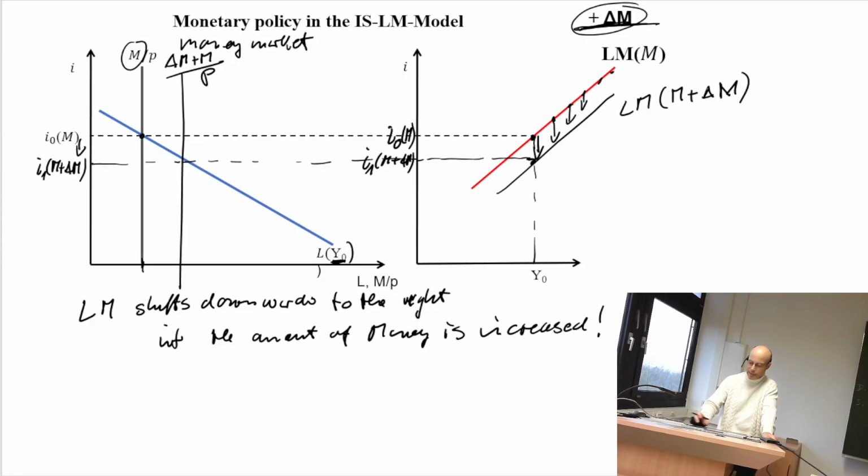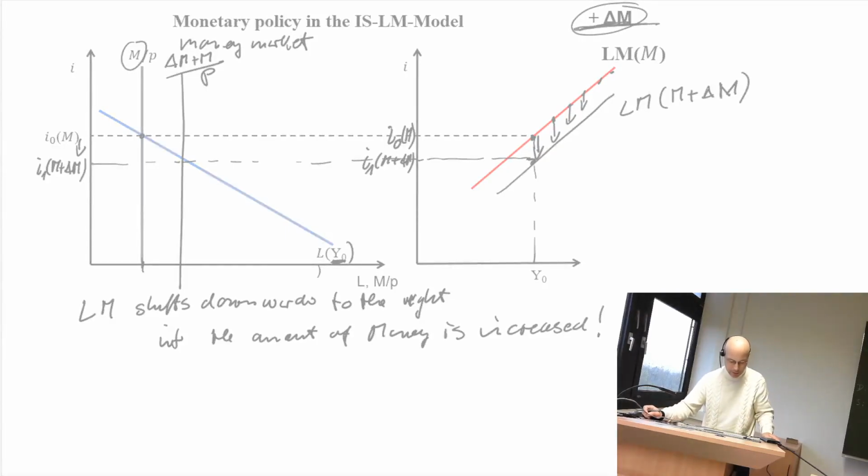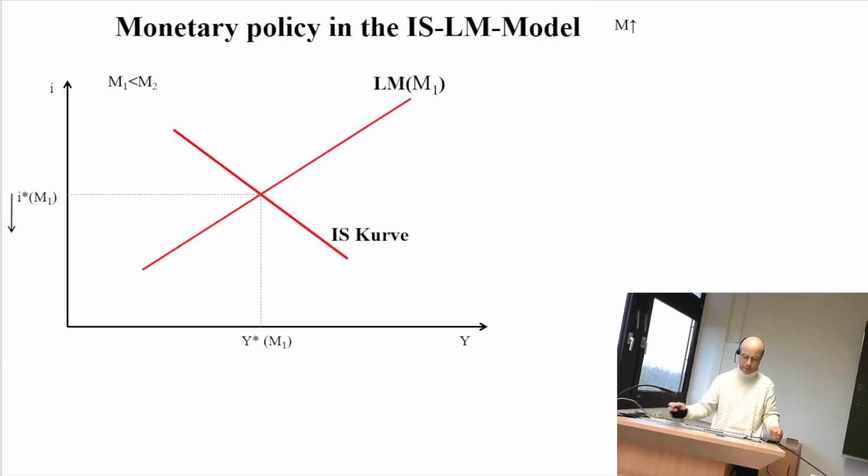Well, and this result, of course, we also put in our overall picture. In a minute, I'm writing too much. Here. Now, increase of our amount of money. So M2 should be larger than M1. This means shift downward to the right of LM.